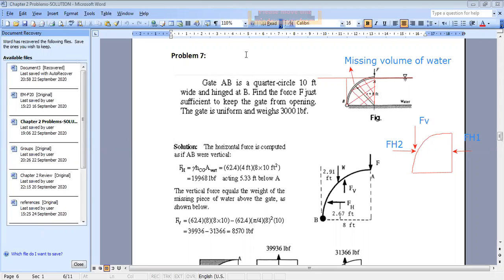Because look here, what do you have? FH1 is acting on what? It's acting on a rectangular surface that is equal to the projection of the curved surface. This is why here directly we said that to find FH, we find the force acting on the vertical projection.